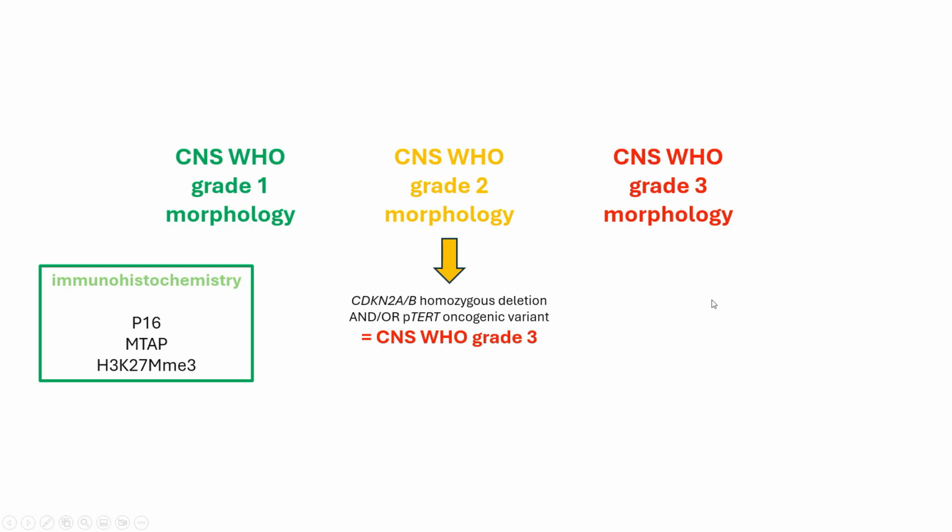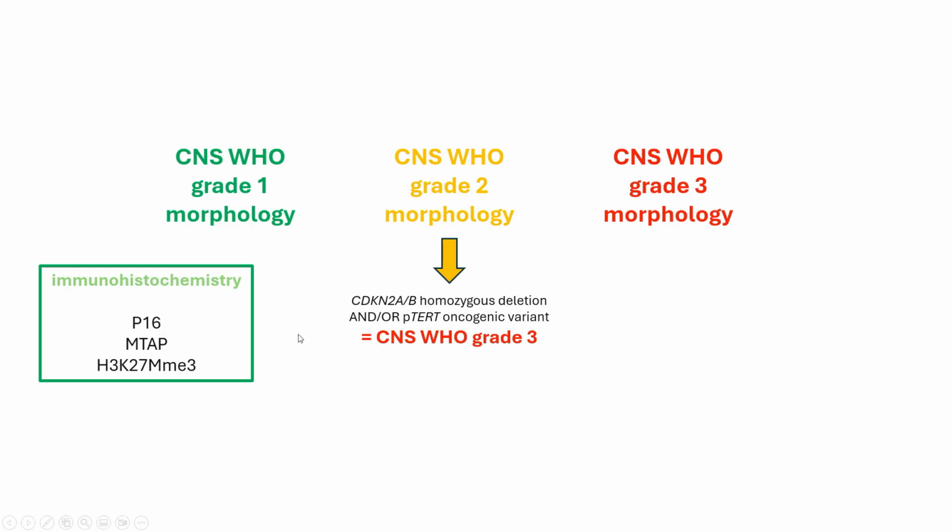There is no reason to do molecular genetics for already morphologically grade 3 tumors. They look malignant, they behave malignant, but we still may have grade 1 meningiomas looking completely benign, which may have these, but the frequency is very, very low, 1 to 5% maybe. So we do not do these genetics for morphologically grade 1, but what we can do is P16 staining or MTAP staining.